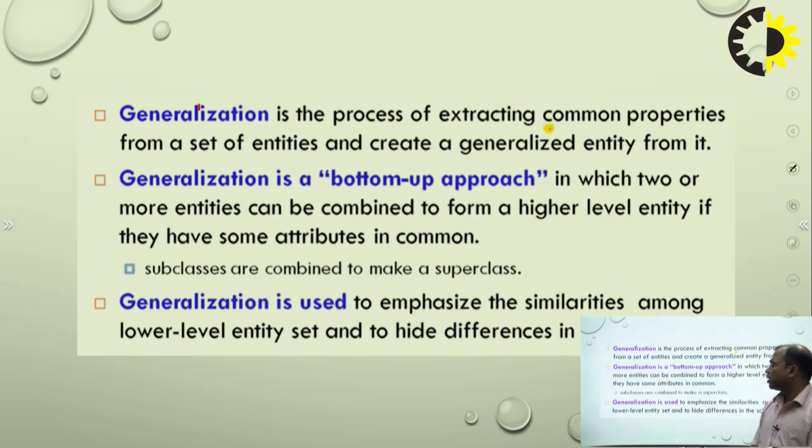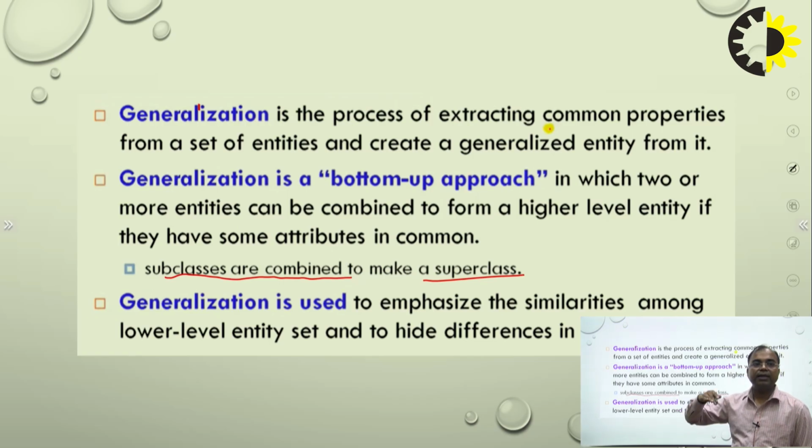It is also described as subclasses that are combined to make a superclass. What we combine from the lower level, the subclasses, is combined to create a superclass. So these are the concepts of superclass and subclass in generalization.